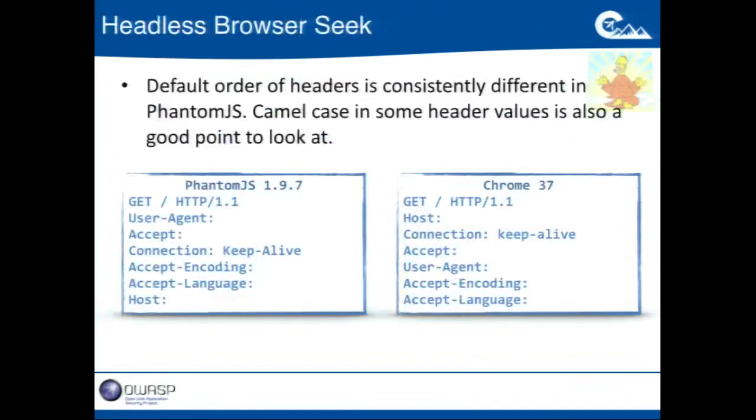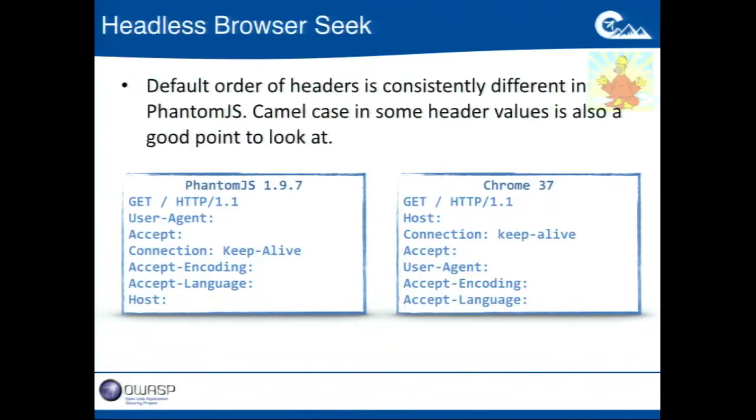Yeah, another thing to look at: since I mentioned that one of the major differences between Phantom and a real browser is that the network stack is implemented by the Qt framework, we noticed there are obvious differences. For example, in HTTP headers, all modern browsers put the host header on top of the list, while Phantom wouldn't, no matter which version of Phantom.js.